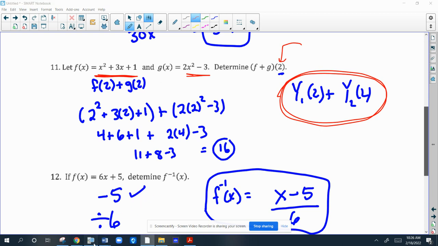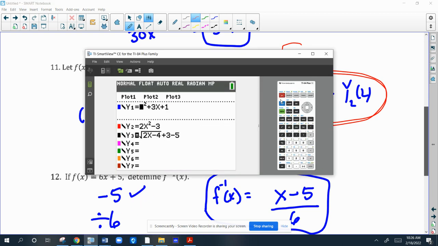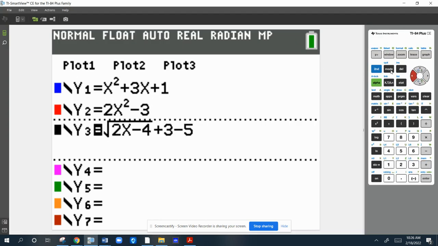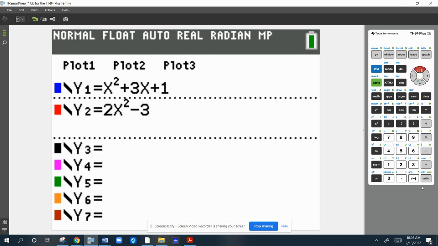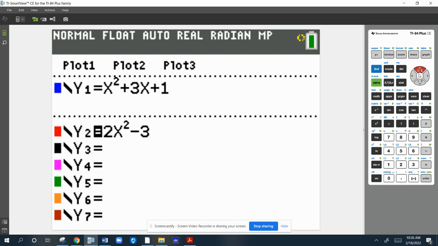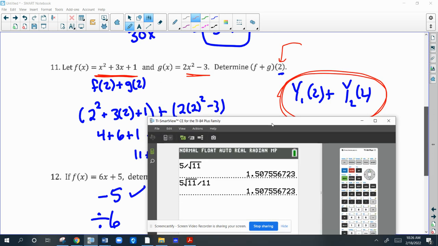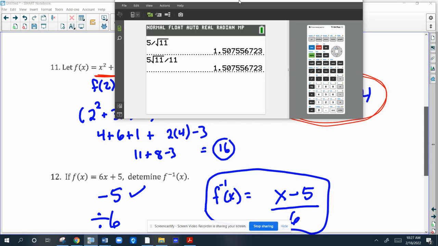So bring up my calculator again. You can see that I've already done that, it looks like. Are those right? Yes. So I'm going to turn off the problem I just did. Actually, I can just clear that out. I'm going to turn these graphs back on. And I'm going to quit. So now I'm just going to type in y sub 1 of 2 plus y sub 2 of 2.